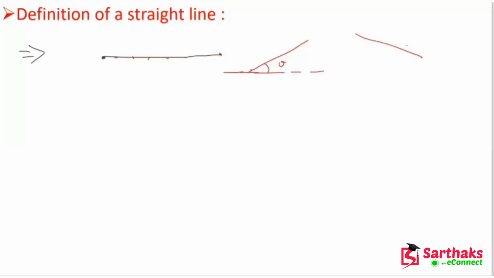So what is slope? The trigonometrical tangent of an angle, or gradient, it is also called the gradient of the line. A trigonometrical tangent of the angle that a line makes with the positive direction of the x-axis in the anti-clockwise sense is called the slope or gradient of that line.